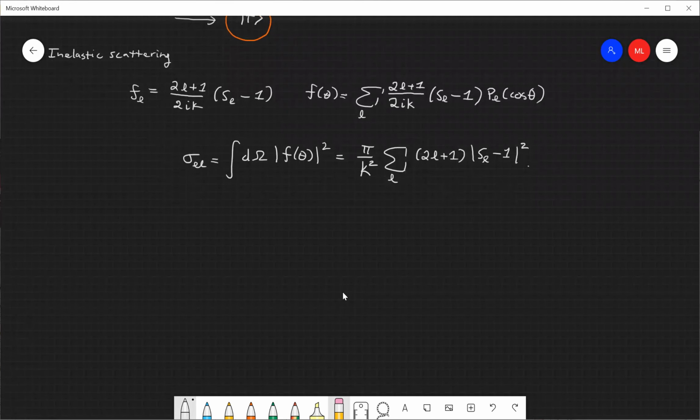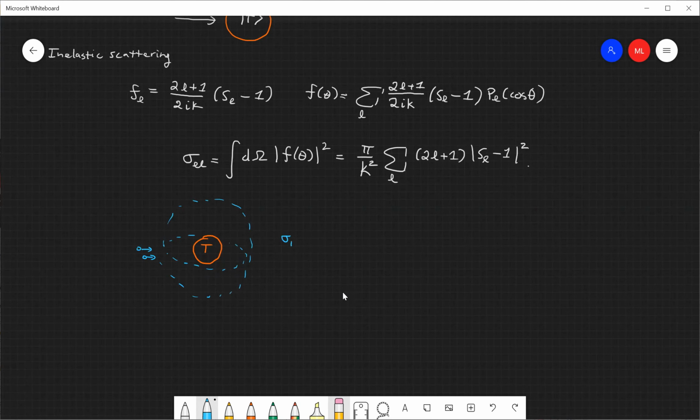One way to think about it is, if we look at our target, we can put a kind of sphere around it far away, and ask, as we send particles in, how many go in versus how many go out. In elastic scattering, the number that come in has to be equal to the number that go out.